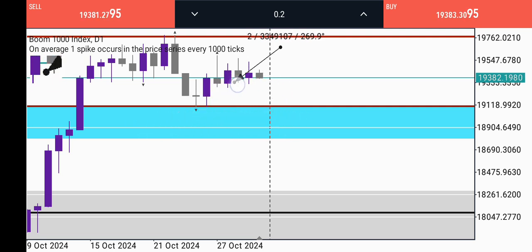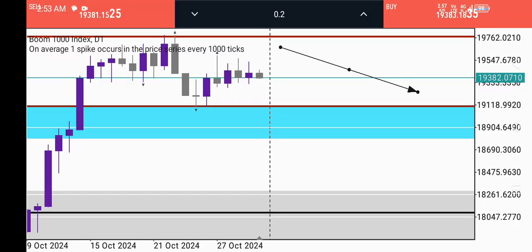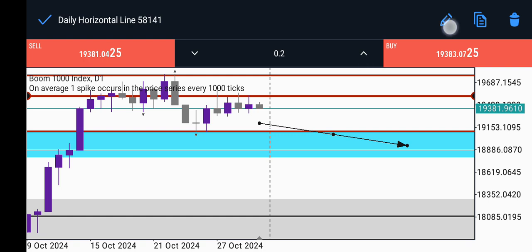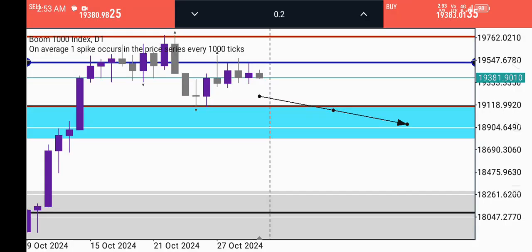So price is still respecting all the higher time frame bias, which is bullish. The monthly is bullish, the weekly is bullish, and the daily is still acting bullish.